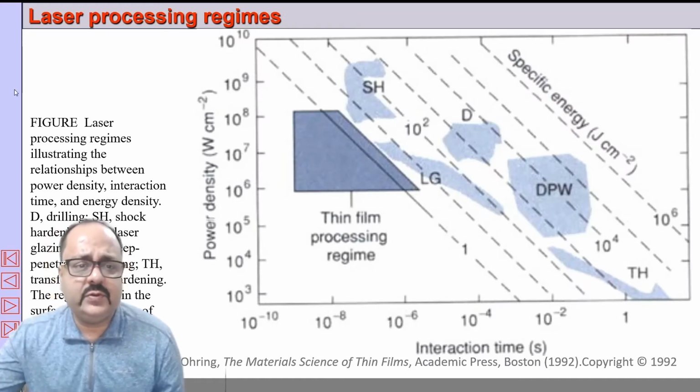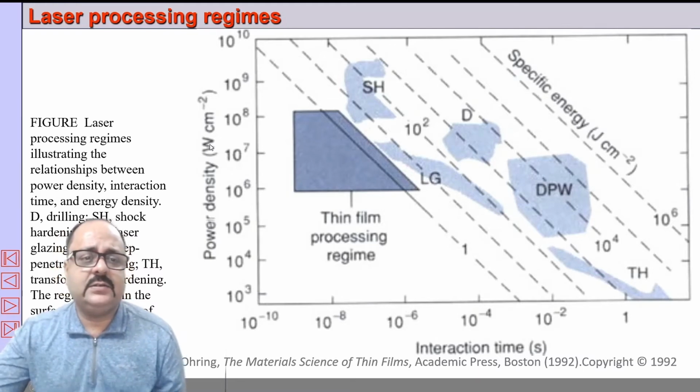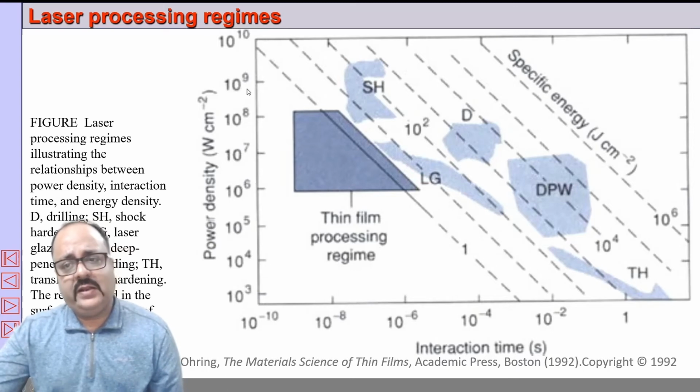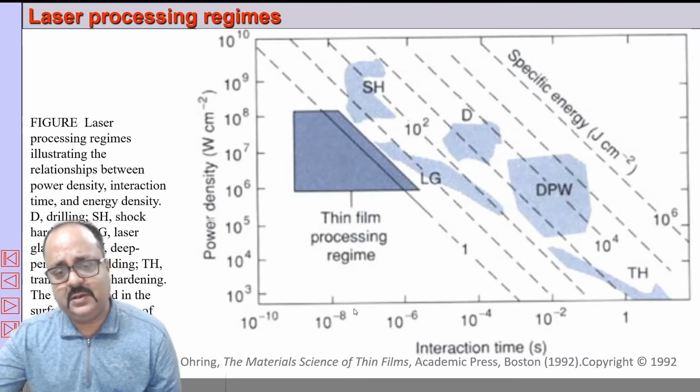It's a diagram of power density, in watt per centimeter square, which can go quite high, against the interaction time or exposure time. In this regime, it's basically used for thin film processing, where the power density is around 10 to the power 7 and the interaction time is probably 10 to the power minus 8 seconds.